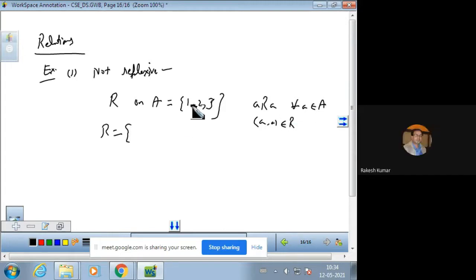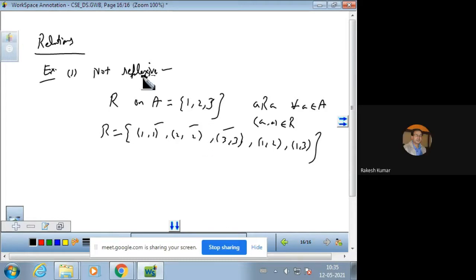Now, here we have three elements, 1, 2, 3. So the ordered pairs (1, 1), (2, 2), (3, 3) can be there. And suppose we have (1, 2) also, and we have (1, 3) also. Now, if we take (1, 1), (2, 2), (3, 3), all of these pairs in this set of relation R, then the relation R becomes a reflexive relation.